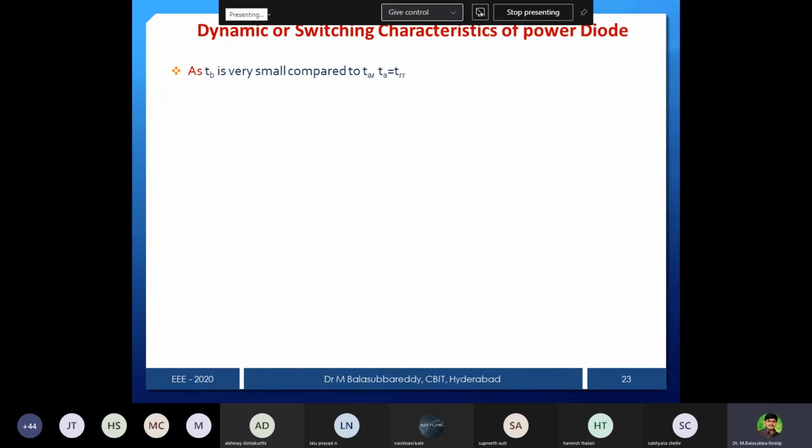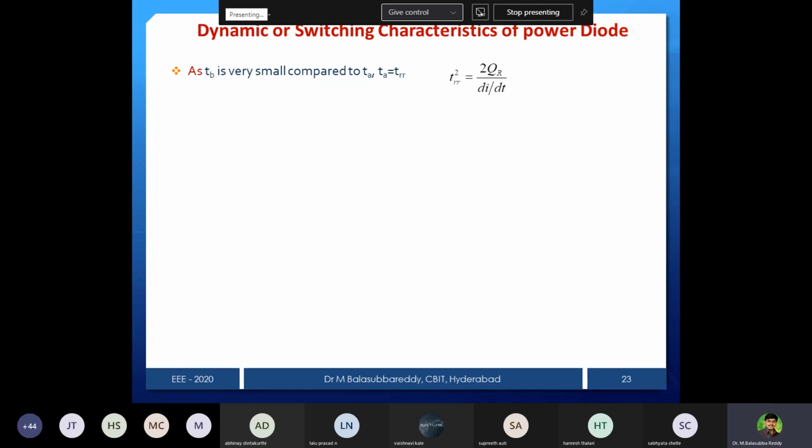Now we can see why TB is very small compared to TA: the initial magnitude is high, but once it reaches the maximum, dissipation takes place. Once the dissipation reaches 25 percent, the density is minimum and it decreases sharply. That is the reason.